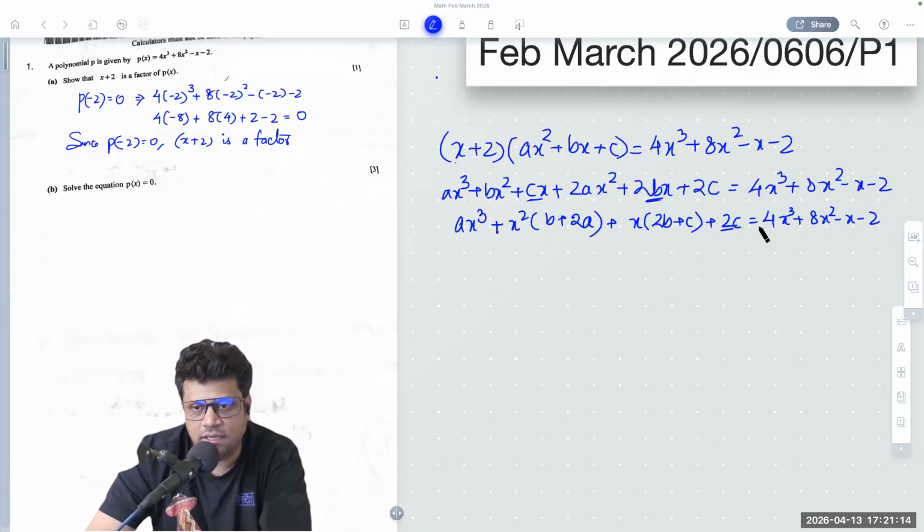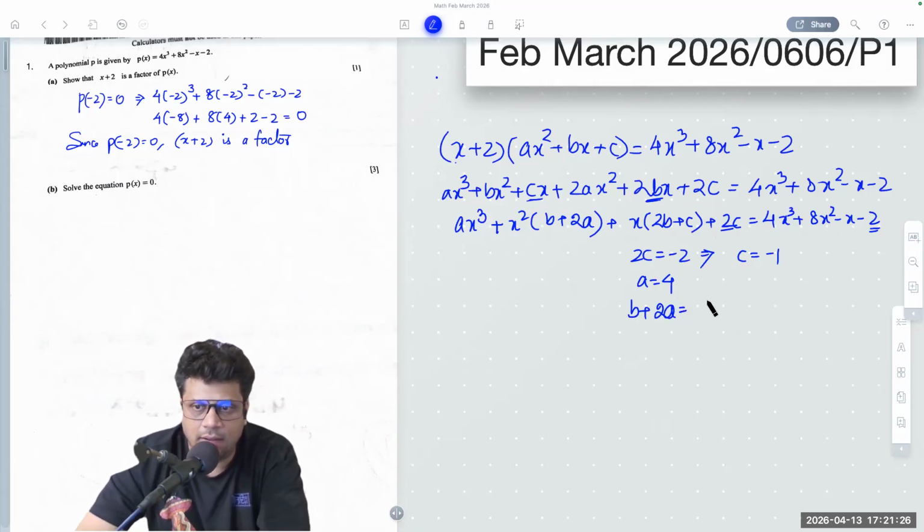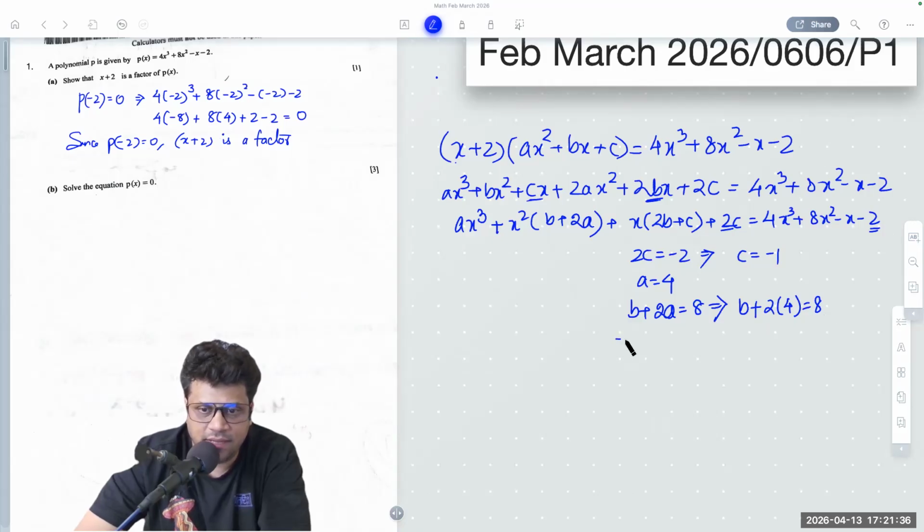Now you know 2c is minus 2, which means c is minus 1. And you know a is 4, and you know b plus 2a is 8. So you go b plus 2 times 4 is 8, which means b is 0. Let's check. 2b plus c is minus 1.